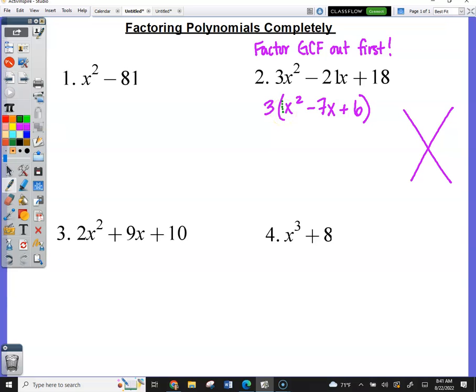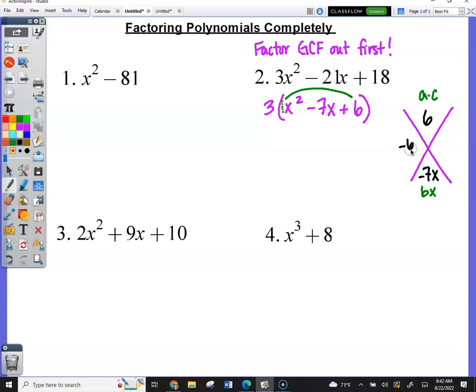A 1. You multiply A times C, and you put it in the top of the X, and then you copy BX in the bottom. So watch. A times C, 1x squared, or 1 times 6 is 6. Copy BX, negative 7x. And now it's a guess and check game. What multiplies to give me 6 and adds to give me negative 7x?